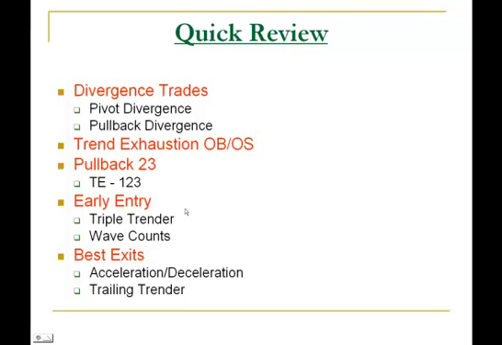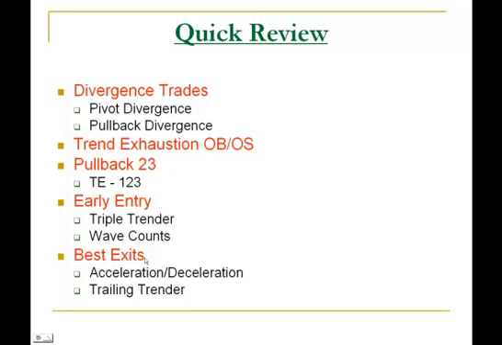And if I want to identify early trend opportunities, I can use the triple trender or the wave counts and combine those with radar 1 fear greed indicator or the radar 3 trend strength index. And of course I always use my radar 2 price leader as my timing tool.